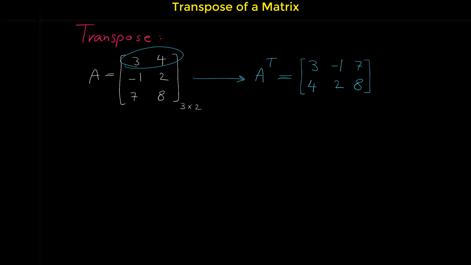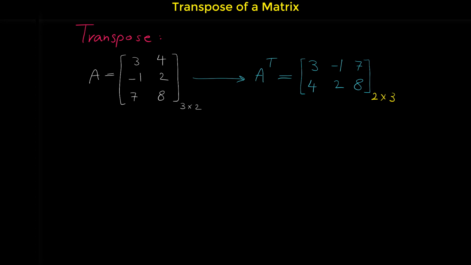Now look at the dimension, the size of this new matrix. This new matrix is a 2 by 3 matrix. What you can see between these two sides, the order is changed.